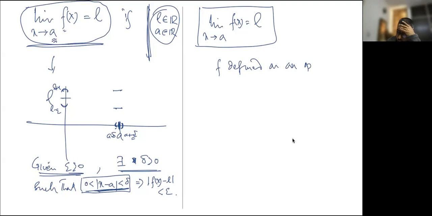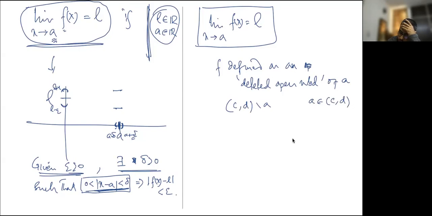So we are not going to demand that f is defined on A. Deleted is just a terminology, and I'm going to say in a moment what I mean. Open neighborhood of A means that it is defined on an interval of the form (C, D) minus {A}, where A belongs to (C, D).